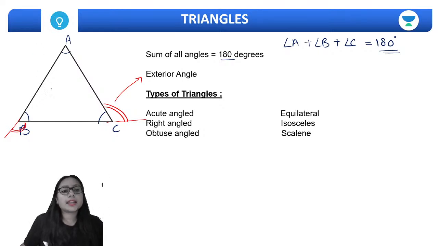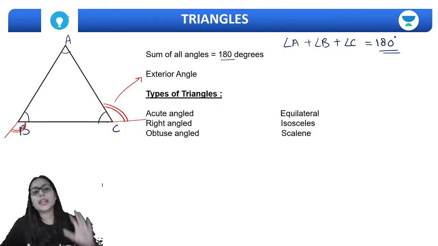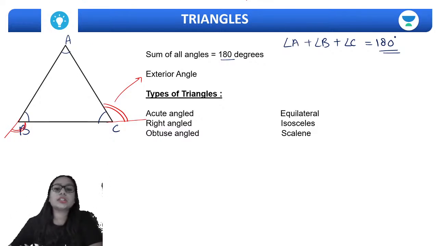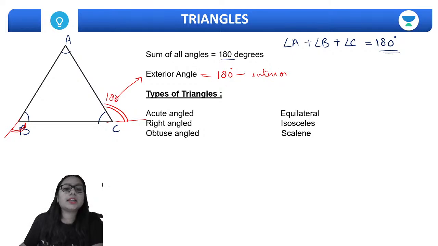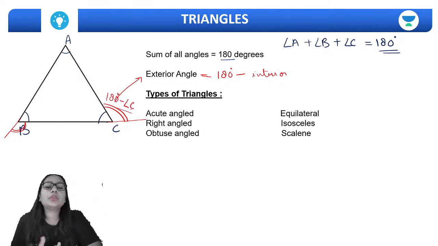If you extend any side of a triangle, you will get an exterior angle. And how is an exterior angle calculated? Since this is a linear pair, you can calculate it as 180 degrees minus the interior angle. So this would be 180 degrees minus the measure of angle C. This is how we calculate an exterior angle.